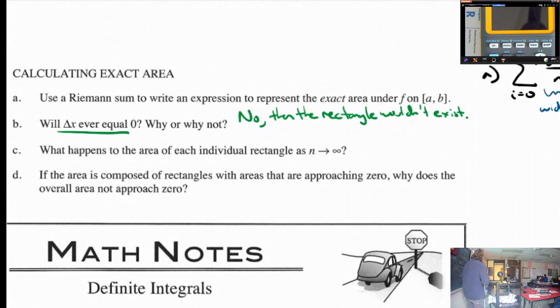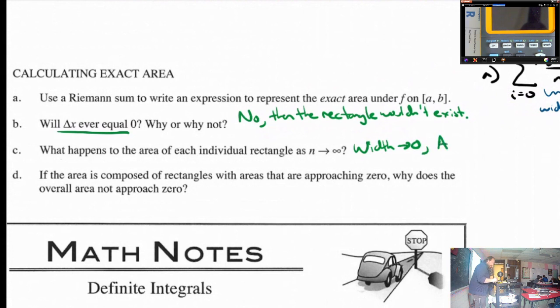However, since this is calculus, and probably the most calculus idea that we can talk about today is the idea that we can send something infinitely close to 0 without actually ever getting there, that's exactly what's happening in question C. What happens to the area of each individual rectangle as n approaches infinity? Well, the width approaches 0.